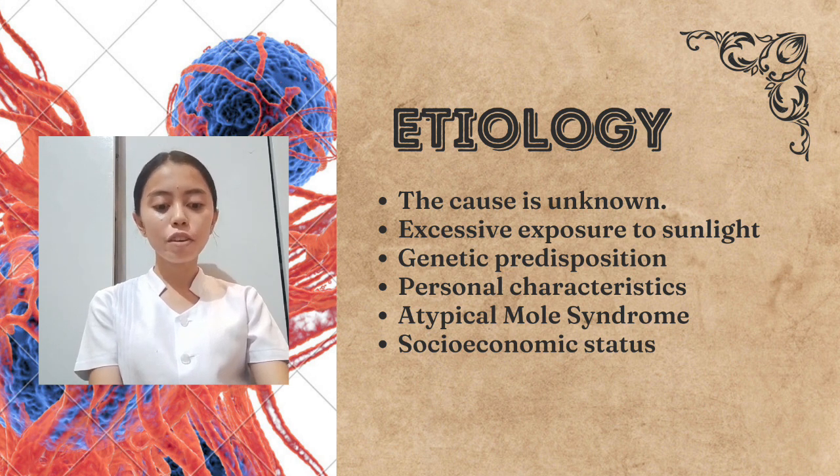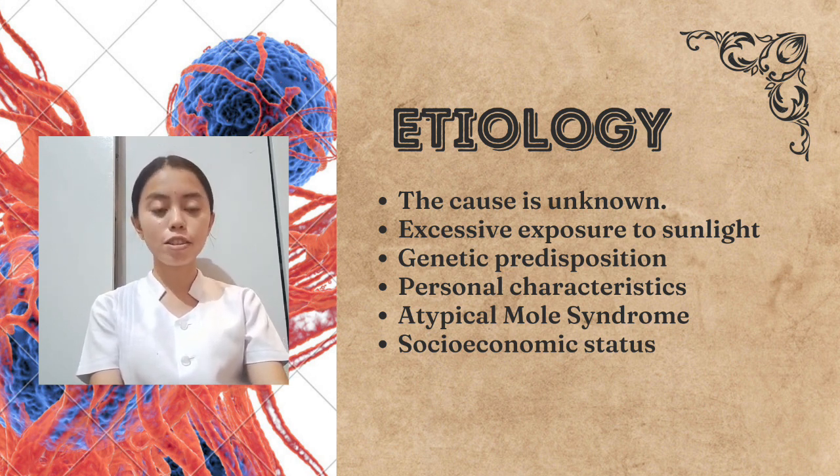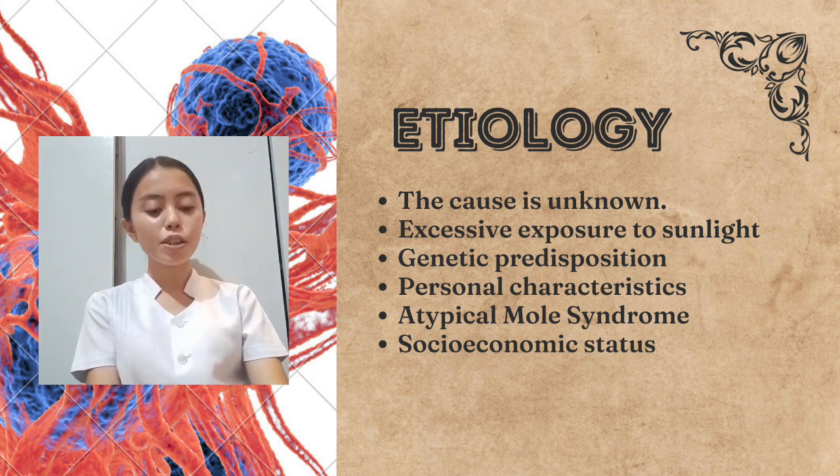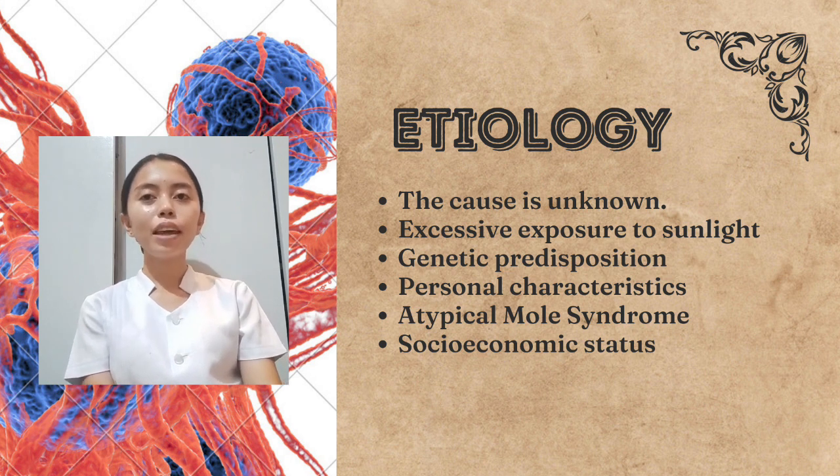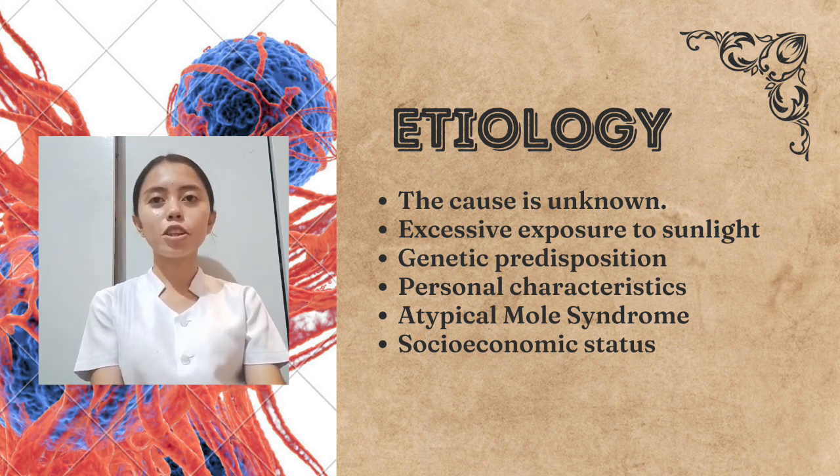So, too much UV radiation from the sun or sunbeds can damage the DNA in our skin cells. So, we all know that DNA tells our cells how to function. So, if our DNA is damaged over time, it can cause cells to start growing out of control, which can lead to skin cancer.